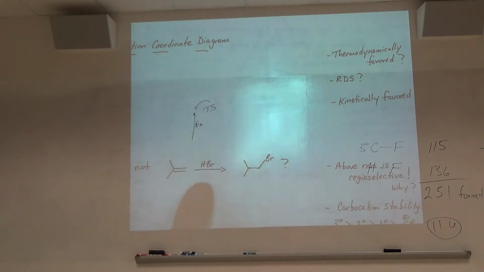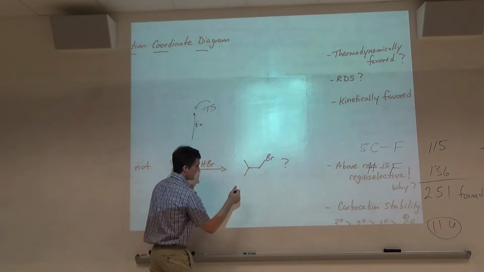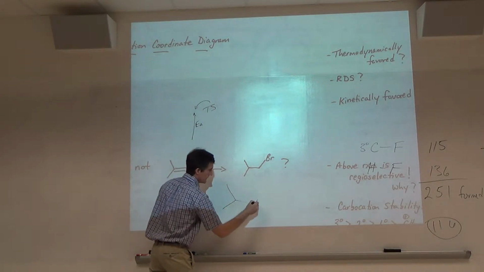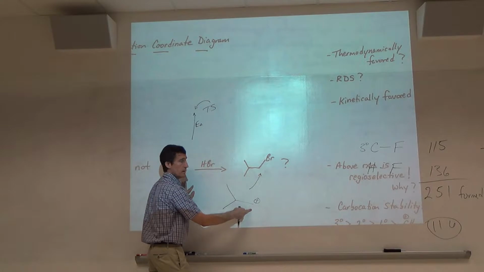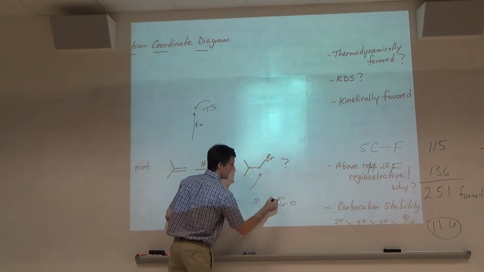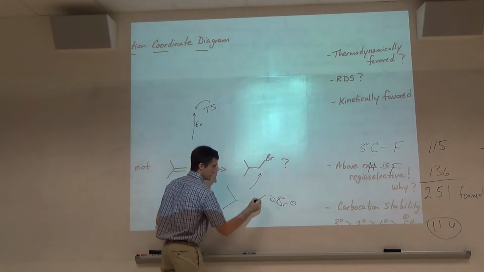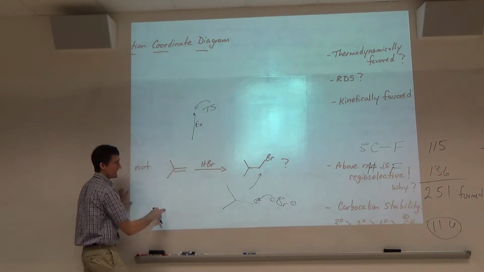Why, when this reaction occurred, did it not give this, with the Br ending up on the outside carbon? Because if the Br is here, that means the cation was there. For the Br minus to add there, you had to have a cation, and these electrons add there and you get that. But why does the cation not form?